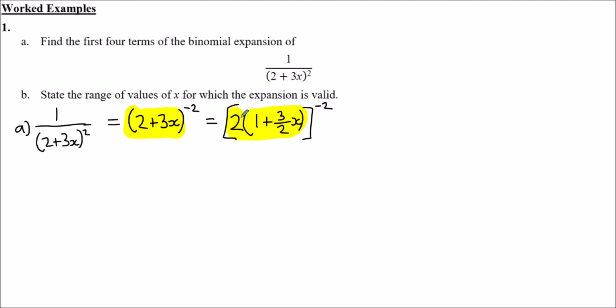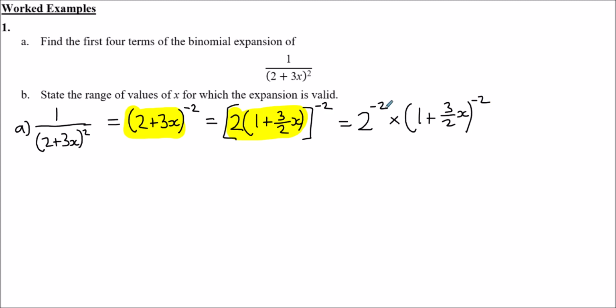Next, if we're doing a product to the power of minus 2, it's the same as this thing to the power minus 2, multiplied by this thing to the power minus 2. So the next step is to realise that this is the same as 2 to the power minus 2, times (1 plus 3 over 2 x) to the power minus 2.